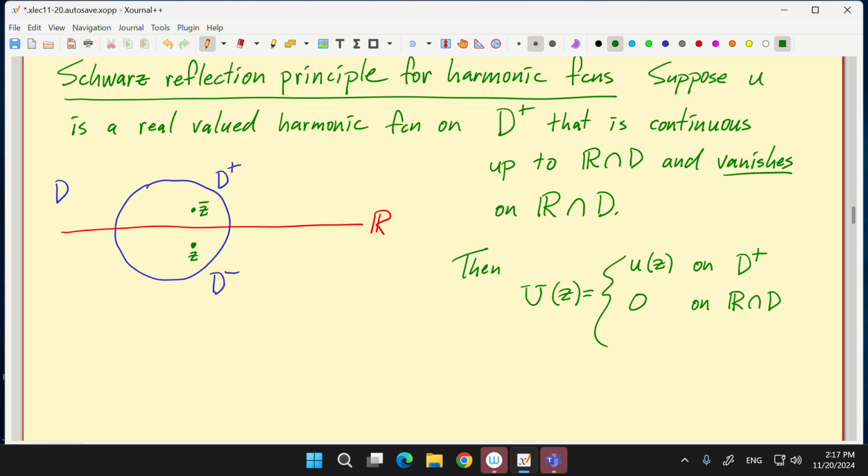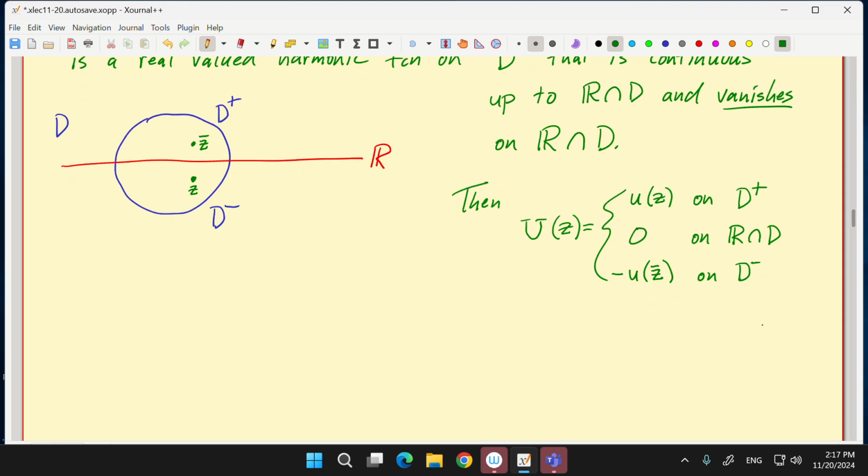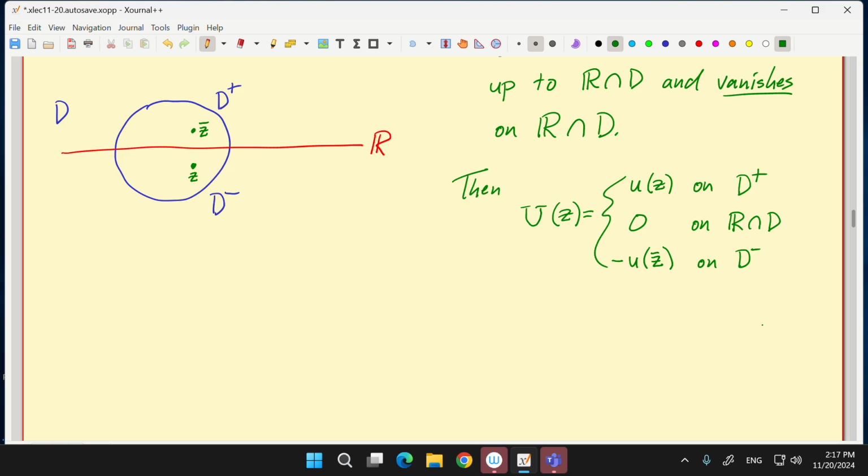But then what should it be on the negative side? It turns out it needs to be not u of Z bar, but minus u of Z bar. Then the fact is that the thing you get by reflection is harmonic on the whole thing. It's harmonic on D.